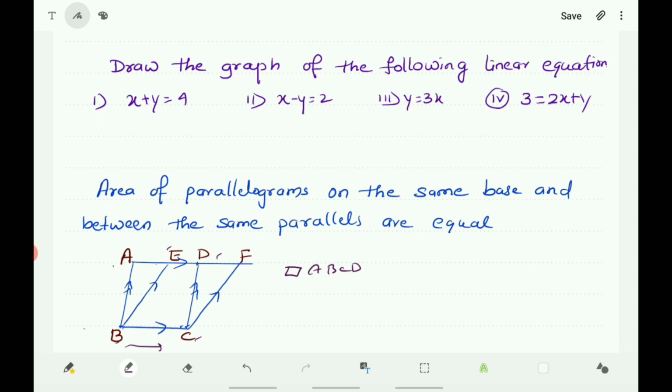So area of parallelogram ABCD is equal to area of parallelogram EBCF, because they are on the same base and between the same parallels.